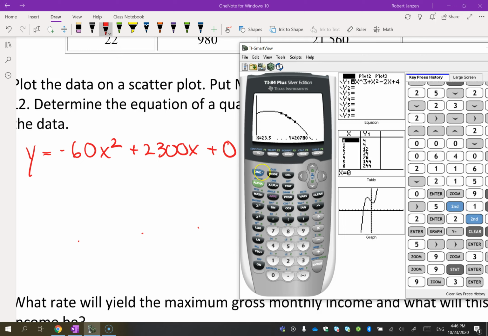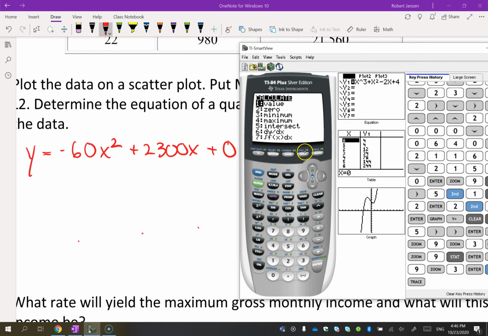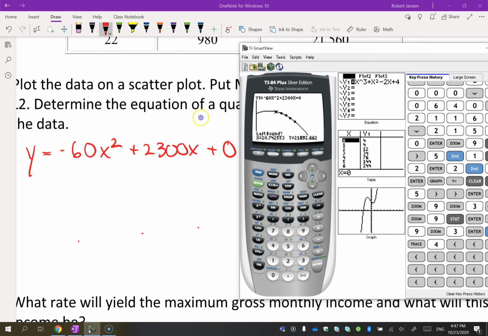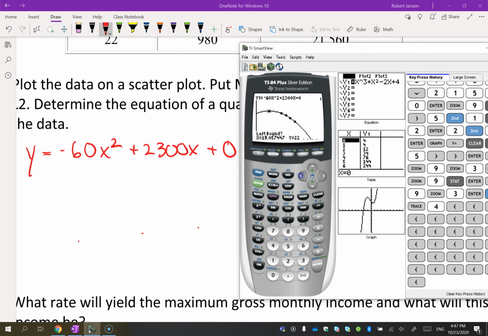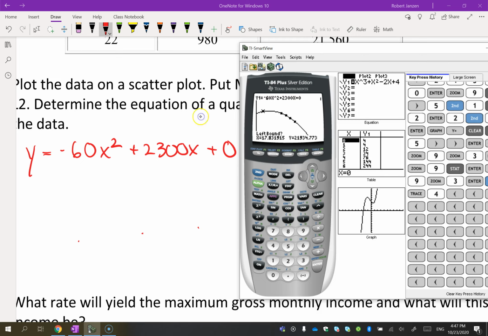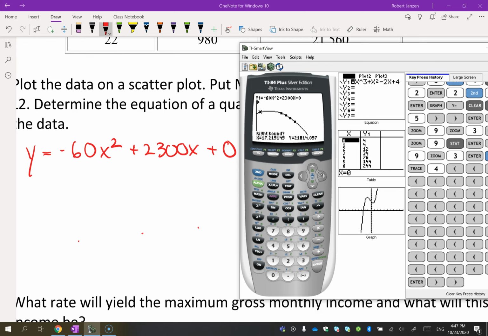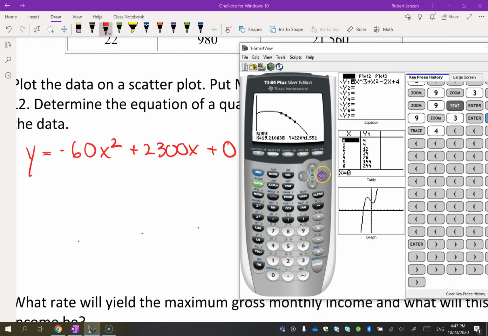This will allow me to now go to second trace, and I want to find the maximum. I can scroll along until I think I've passed the highest point, and I can watch the y values. Yeah, there it goes down. Now I'll scroll over to the other side, and I can see the y values are going down. So the max is going to be somewhere in there.